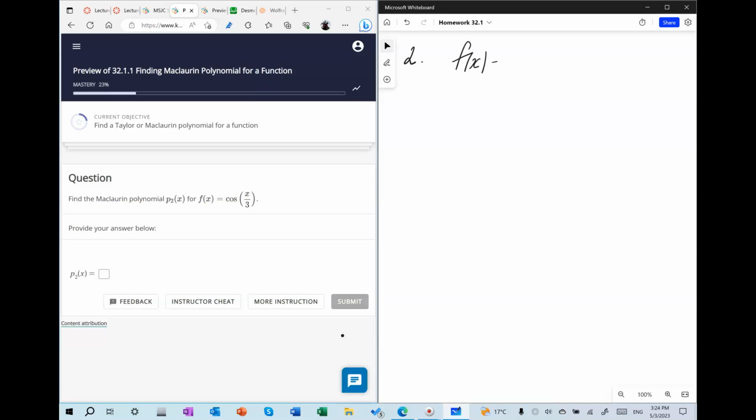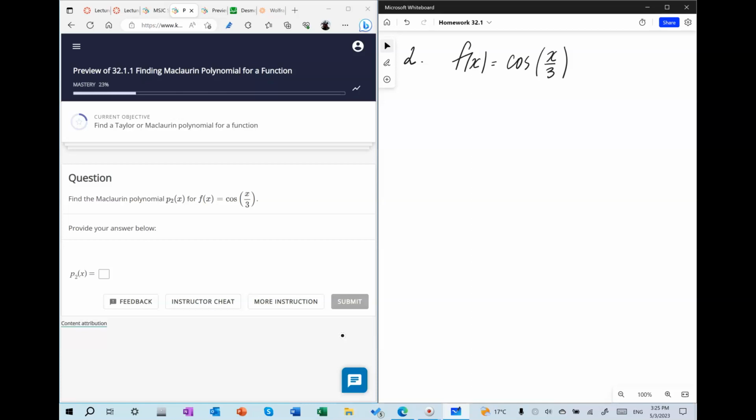Now we need to find the Maclaurin polynomial. Similar problem, and by now you can develop a preferred way of finding the Maclaurin polynomial. I'm going to use the series.